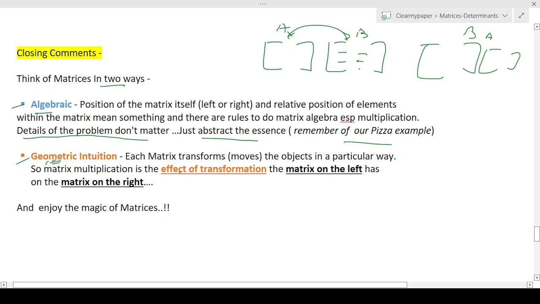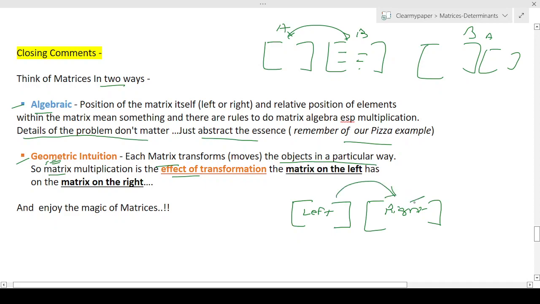So what it means, each matrix moves or transforms the objects in a particular way. That's what we are taught, right? And so matrix multiplication is the effect of transformation. The matrix on the left, this is the left matrix and this is the right matrix. So matrix multiplication is nothing but the effect of transformation this matrix has on this matrix.